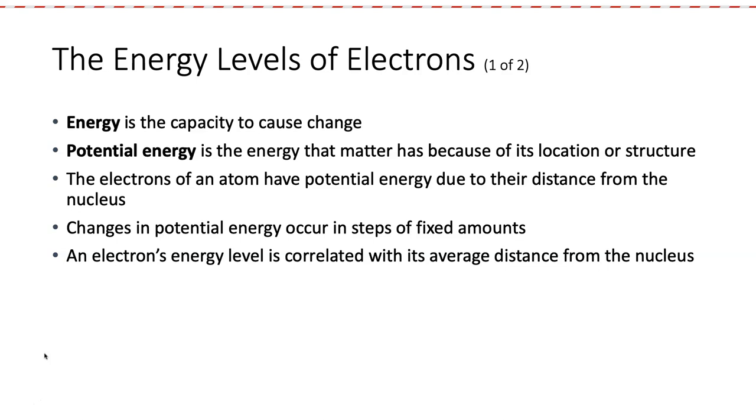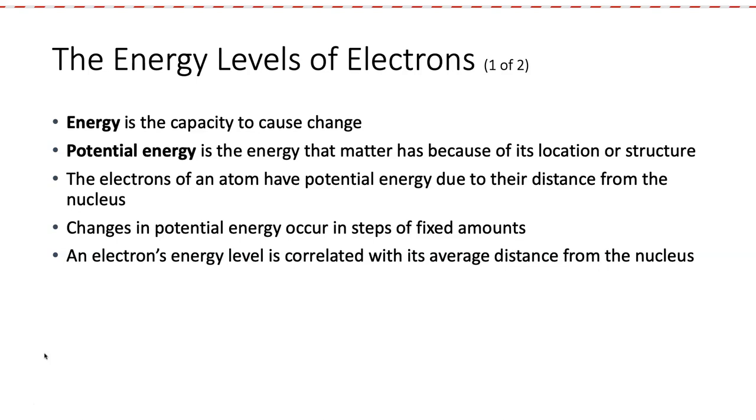So we'll talk a bit more about potential energy in a little while. Keep that term in mind. But one of the things that's really important is when we're thinking about potential energy and electrons. Electrons are the main form of potential energy in an atom due to their distance from the nucleus.